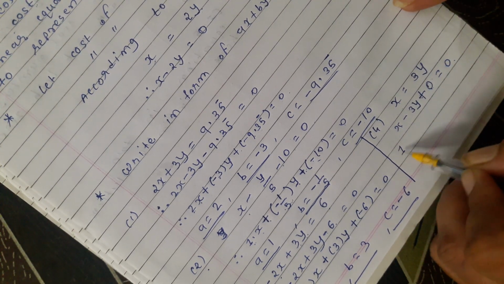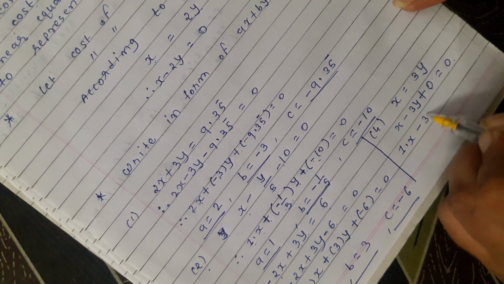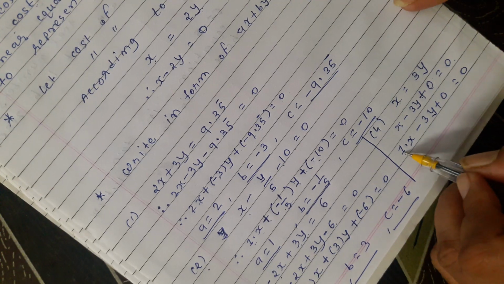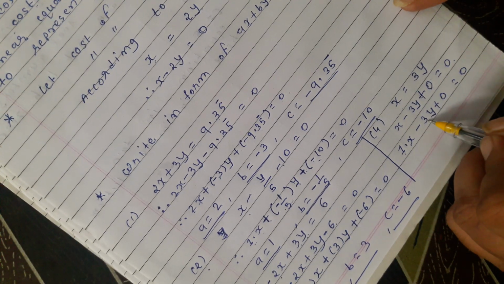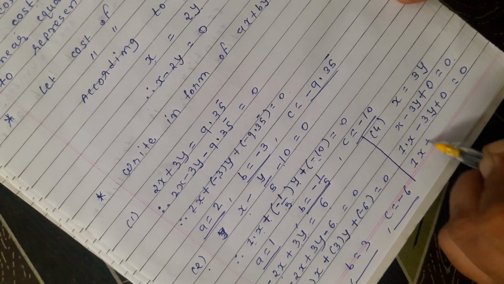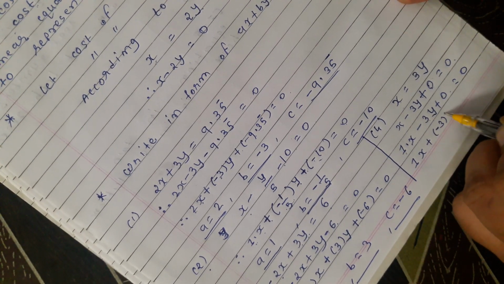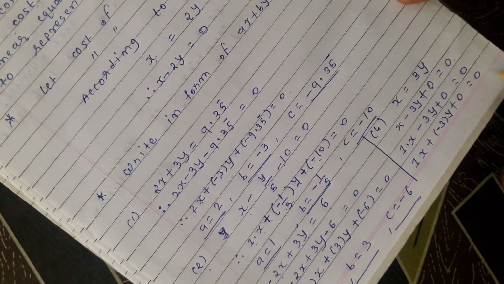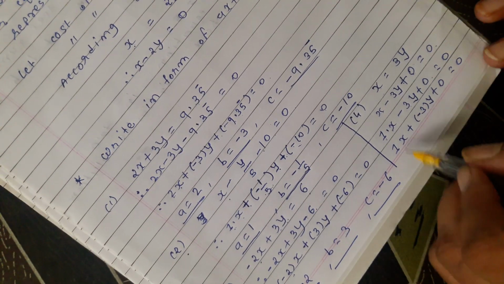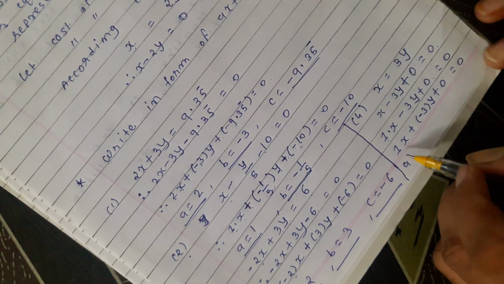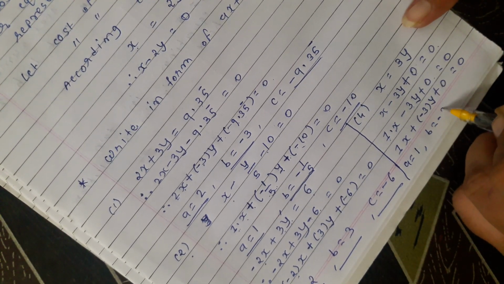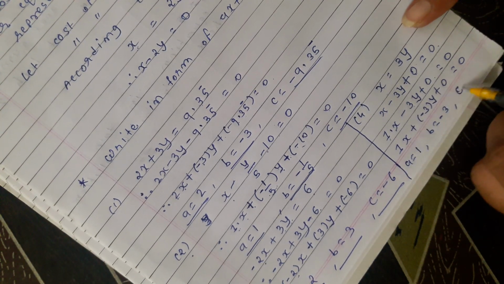So 1 into x plus minus 3y plus 0 equal to 0. So ax, a equal to 1, by, b equal to minus 3, c equal to 0.